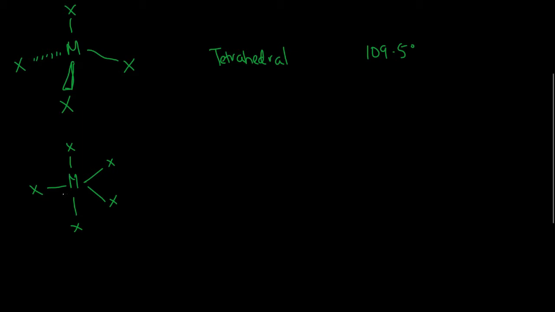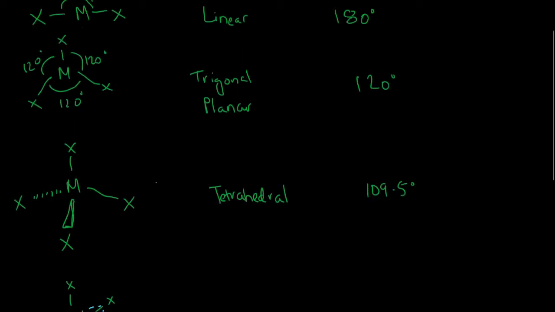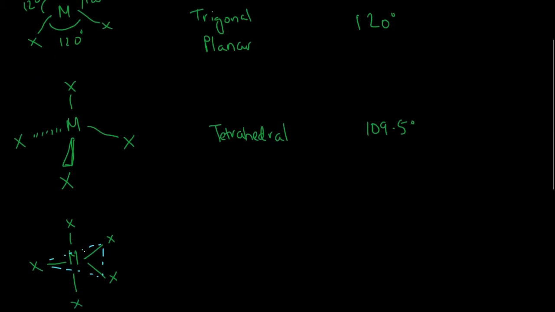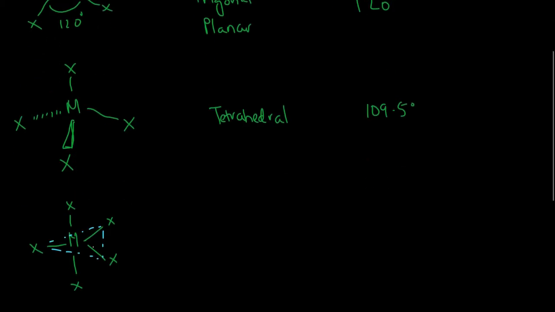In this case, this part here is basically a triangle in a flat plane. These have 120 degrees of bond angle. And the one at the top and the one at the bottom are at 90 degrees from this flat plane.